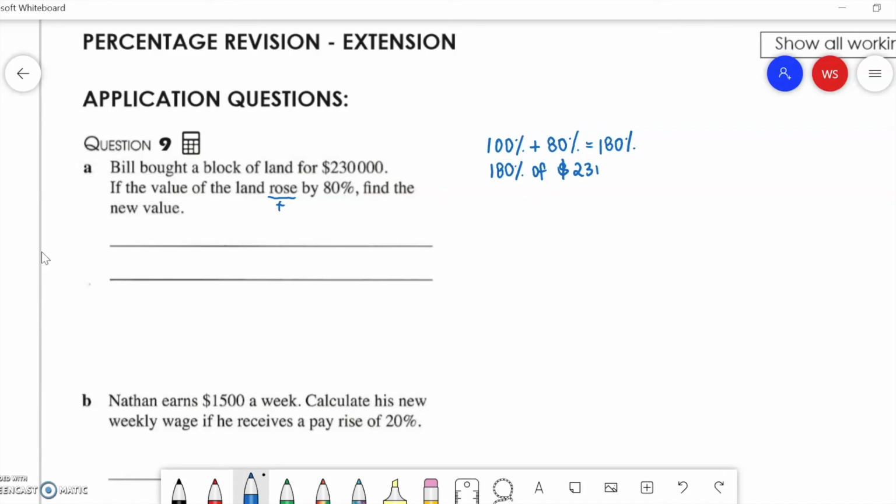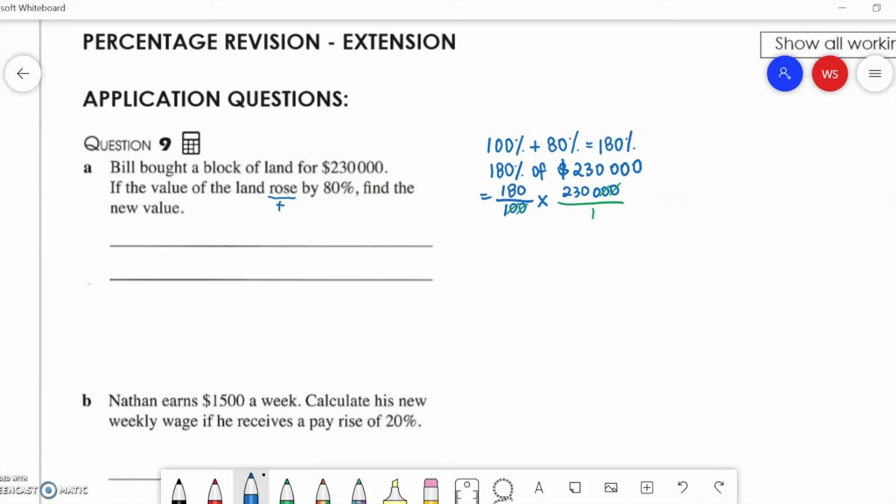So 230,000. After that, converting your percentage into fractions. So that's 180 divided by 100 of becomes times 230,000 and putting that over 1. Next step, cancelling. So cancel out your zeros, 1 0 for another 0, another 0 for another 0.